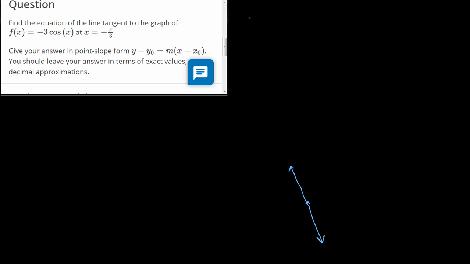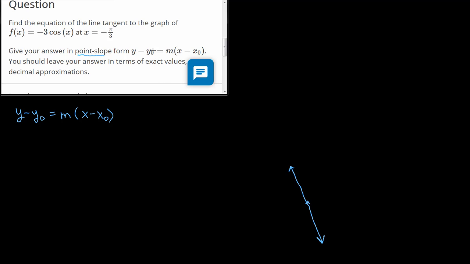It wants us to write the answer in point-slope form. Point-slope form is going to be y minus y naught is equal to m times x minus x naught.